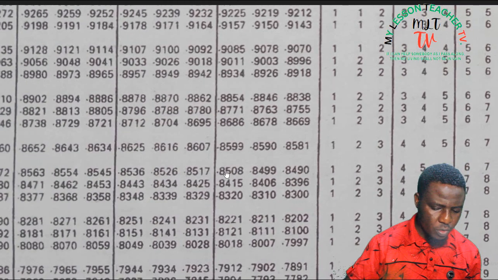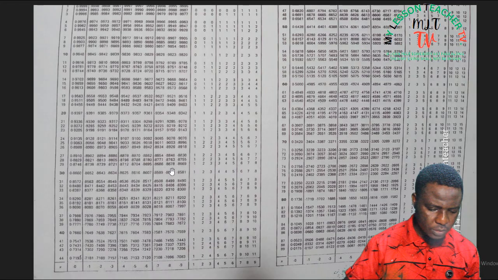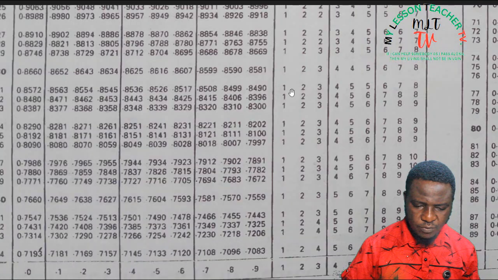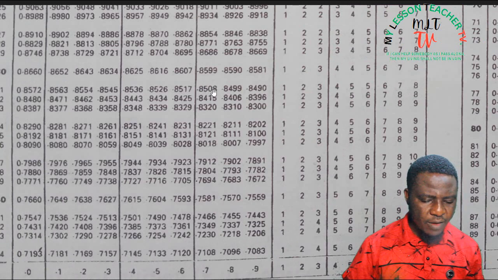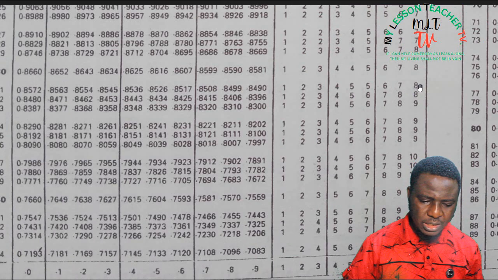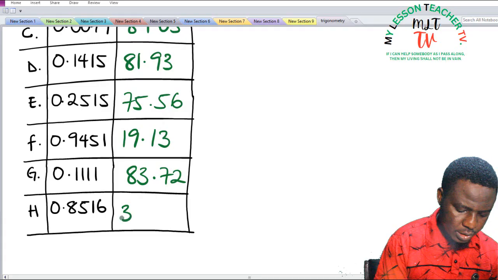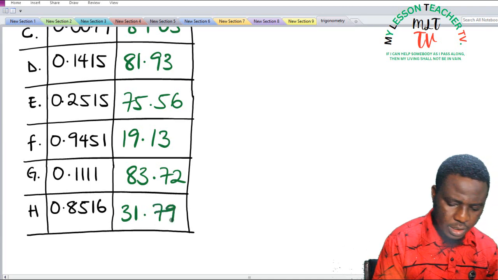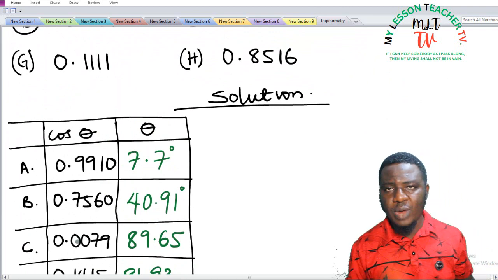So our answer is 31 under 7, difference 9. 31 under 7 gave me 8508, and with difference 8 it makes it 8516, and that is what we are asked to find. So our answer is 31.79. So these are the angles whose cosines we were given.